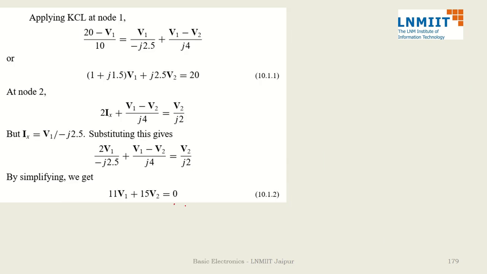Now there is a question, how do we solve these two equations in complex numbers? Two methods, substitution or Cramer's rule. Substitution, from this equation I get V1 is equal to minus 15 V2 by 11.